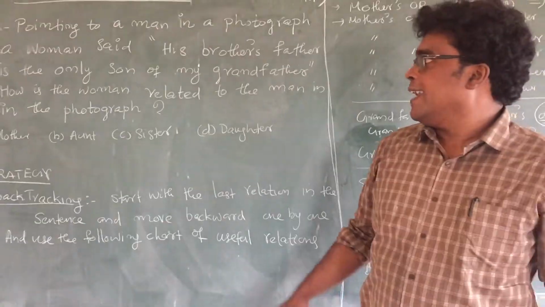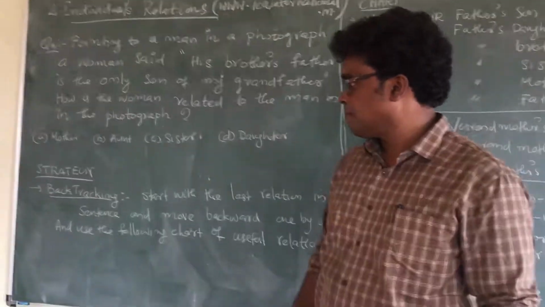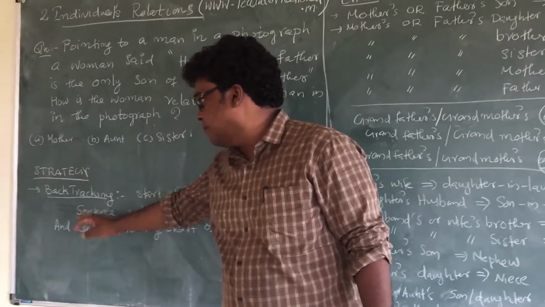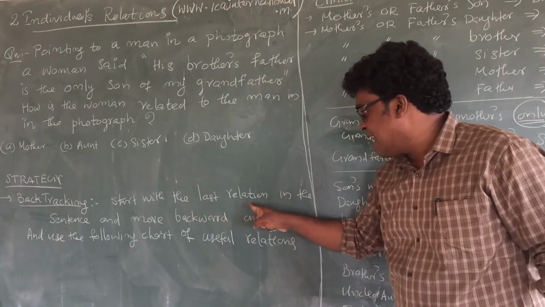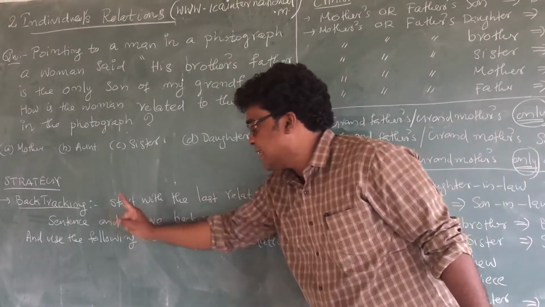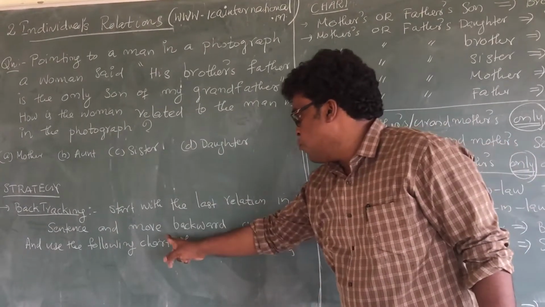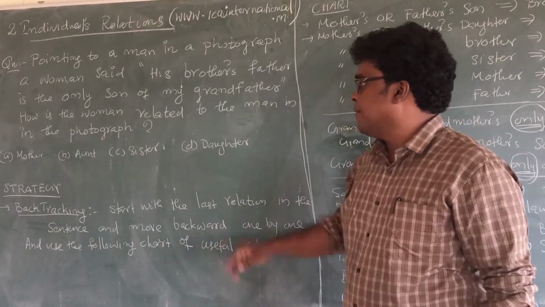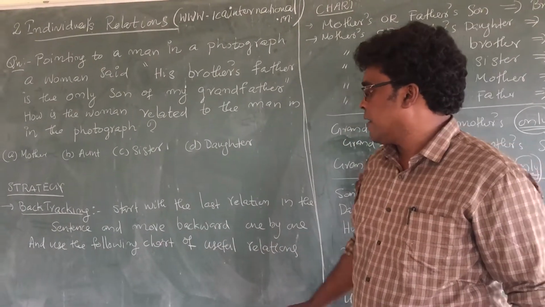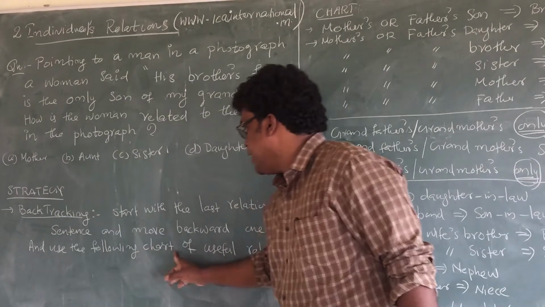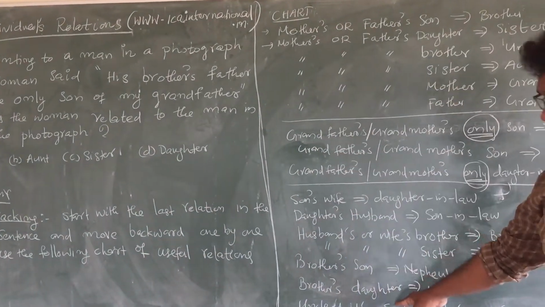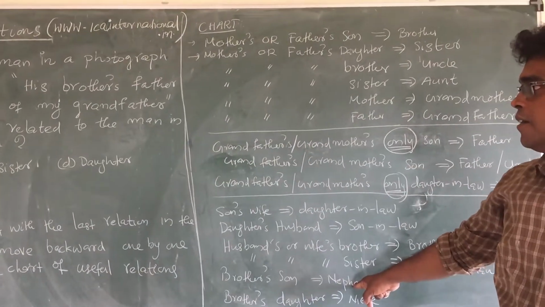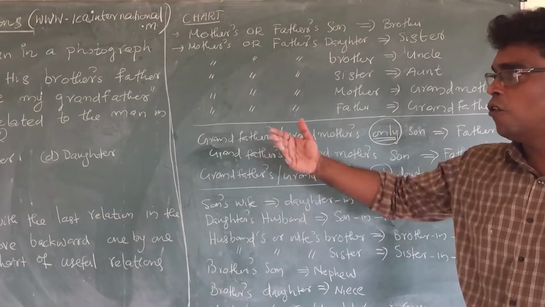For dealing with such questions, our strategy is called backtracking, in which we start with the last relation provided in the sentence and move backward one by one. We also use a chart of useful relations to speed up the whole process.